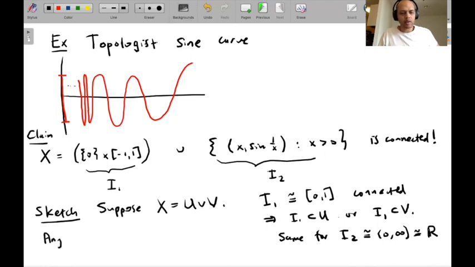Any open set in R2 containing I1 contains points of I2.